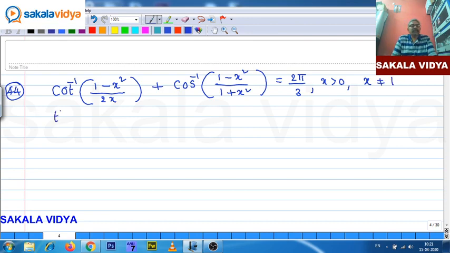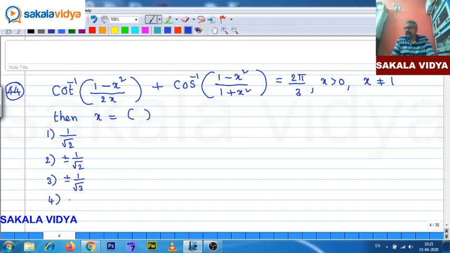Then x equals: first option 1 by root 2, second option plus or minus 1 by root 2, third option plus or minus 1 by root 3, fourth option 1 by root 3.